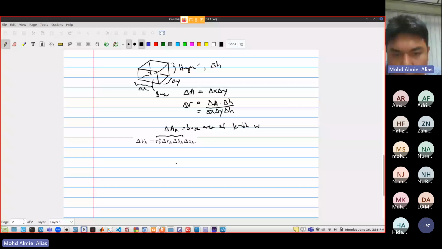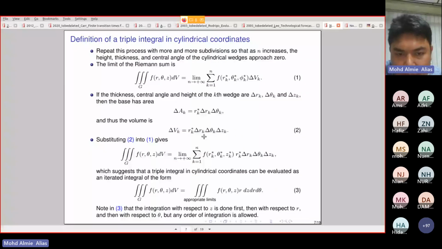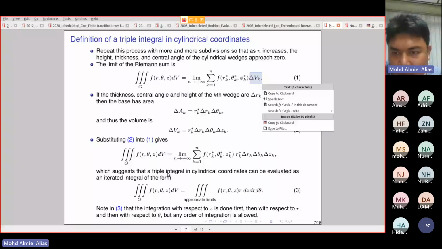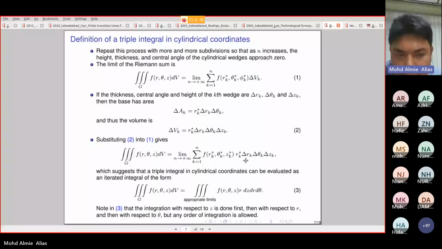And then this is the height of the k-th wedge. So you just multiply them. To substitute this, the one that we just discussed here, into our equation, just plug in here. So now you have updated your equation from 1 to here, which is now, rather than delta A, you have delta A_k, so it now becomes something like this.